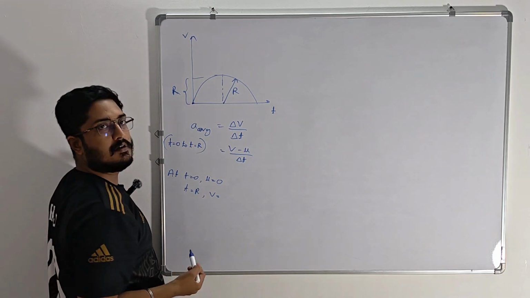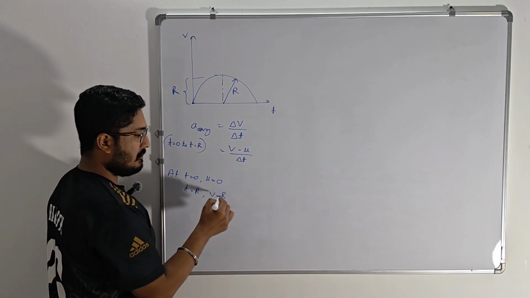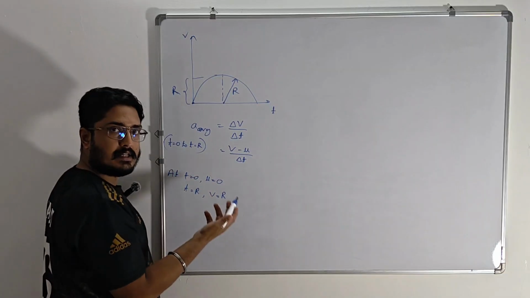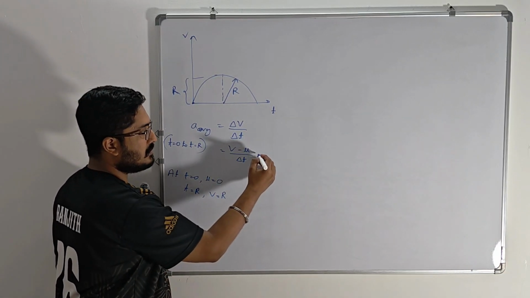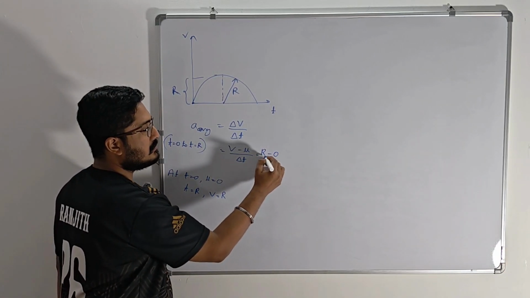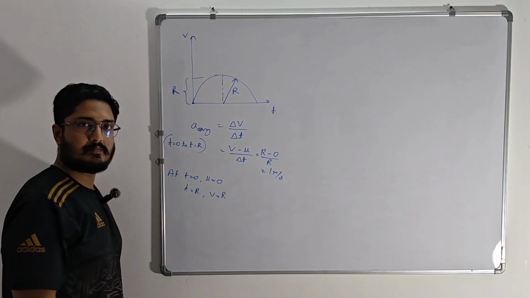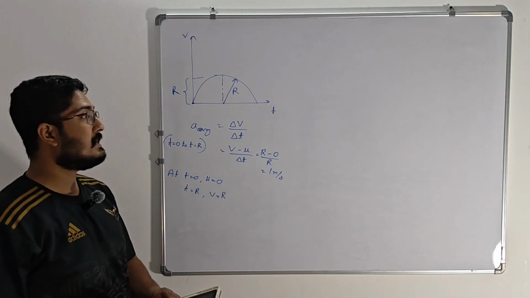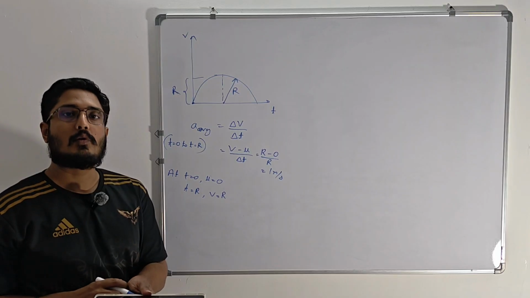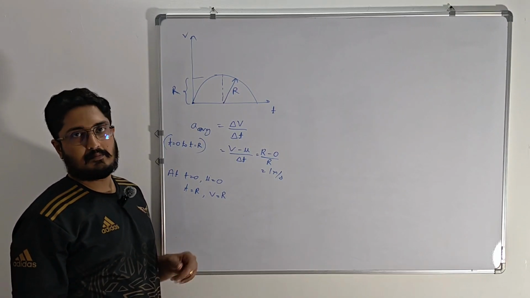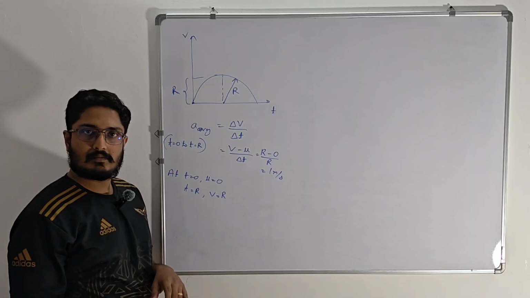So can we say the final velocity is r? And the time interval they are talking about is also r. So my equation becomes (r minus 0) divided by r, equal to 1 meter per second. This is a standard JEE kind of question which can be solved under 2 minutes. At the same time, it is slightly tricky. Hope you have understood.